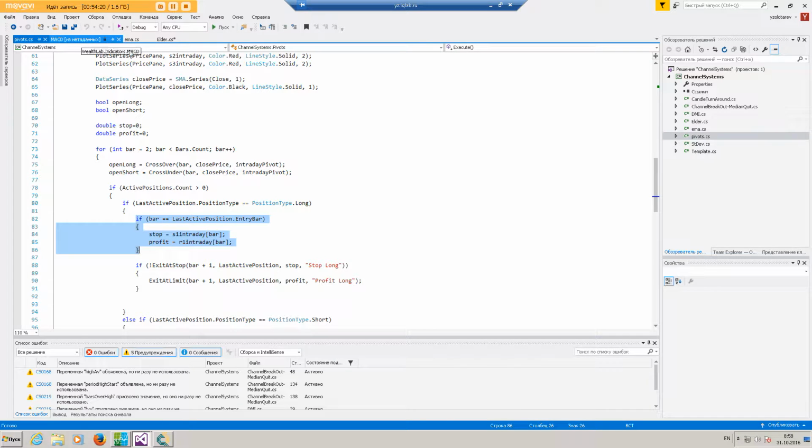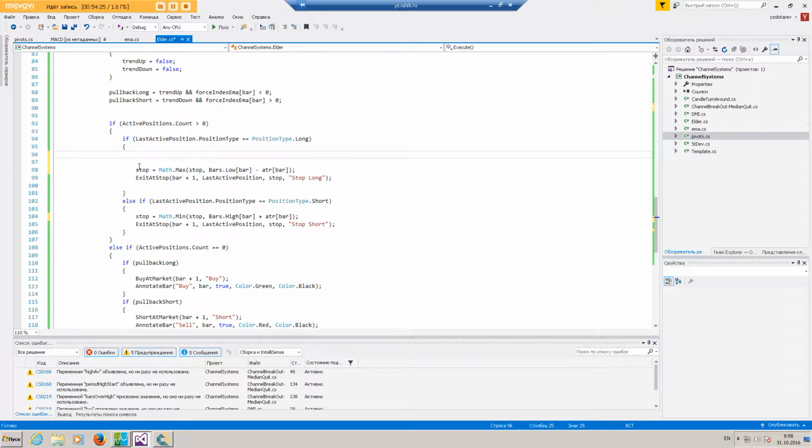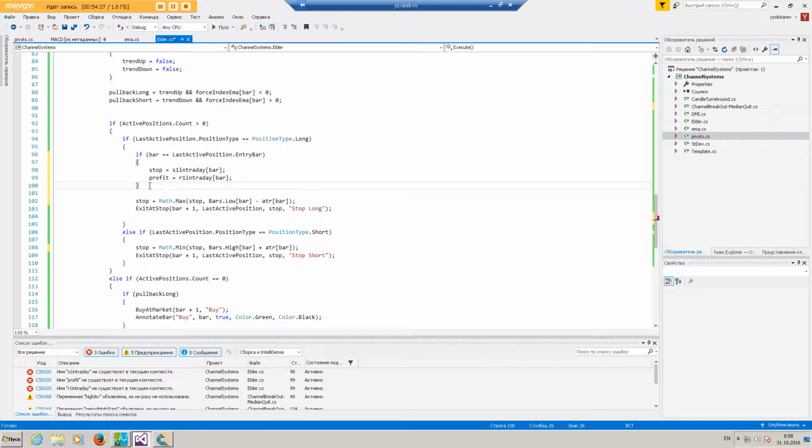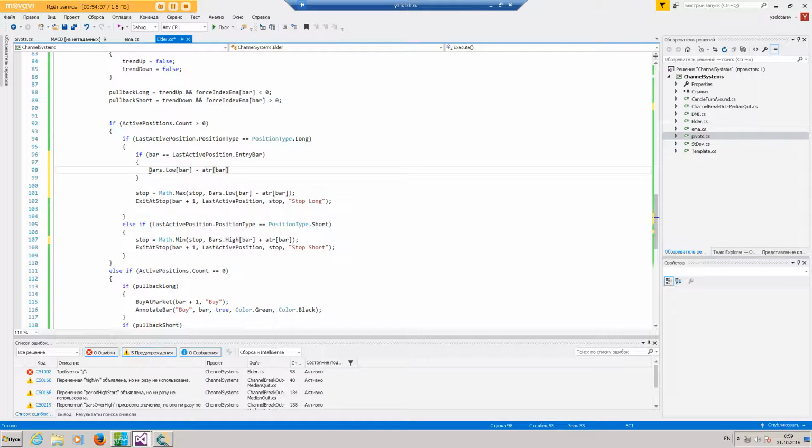Yeah, I shouldn't have erased that. Sorry. Well, maybe not for the long, but let's just put it in so we're safe. Okay, so here we have our stop value.